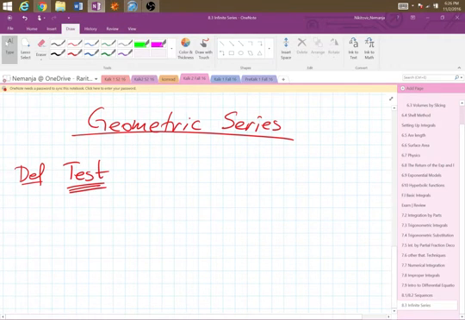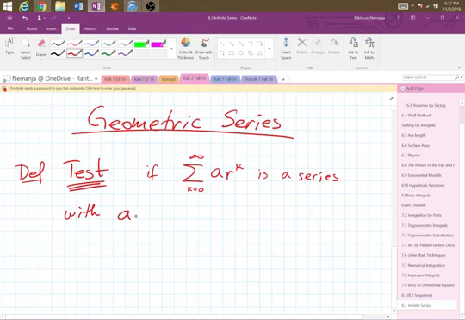So if series sum of a r to the k, where k starts at 0 and goes to infinity, is a series, right, with a being different than 0.